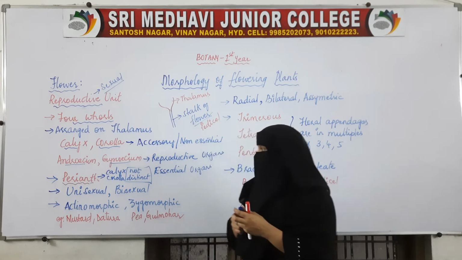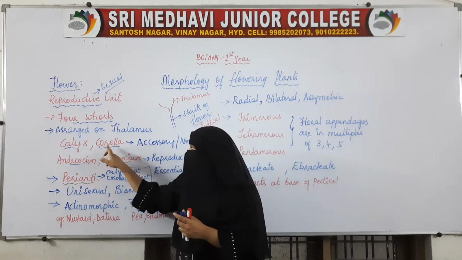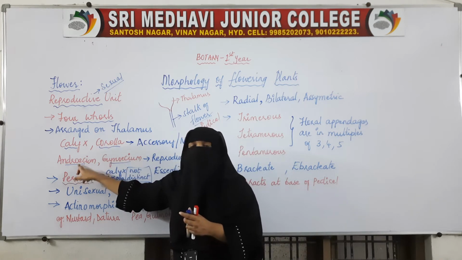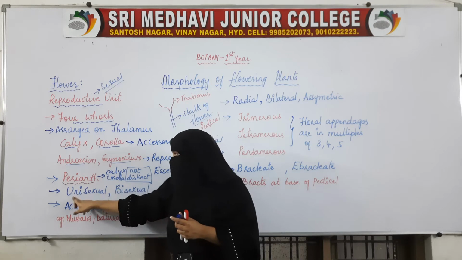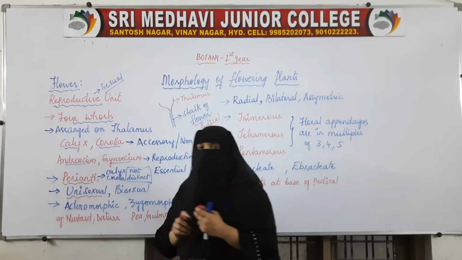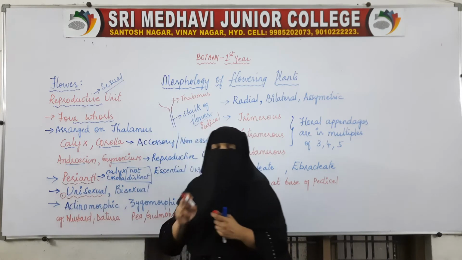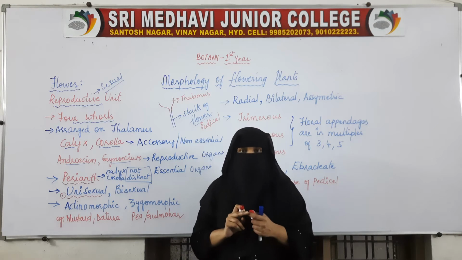So, if a flower has only calyx, corolla and androecium, then that flower is called unisexual. Uni means one. Sexual here refers to a reproductive organ.